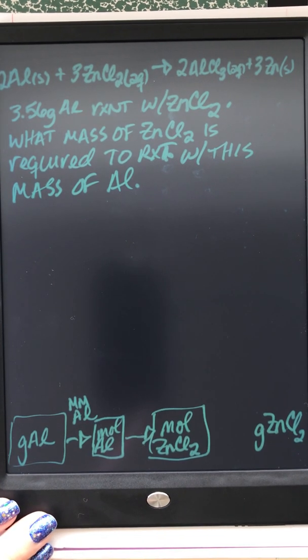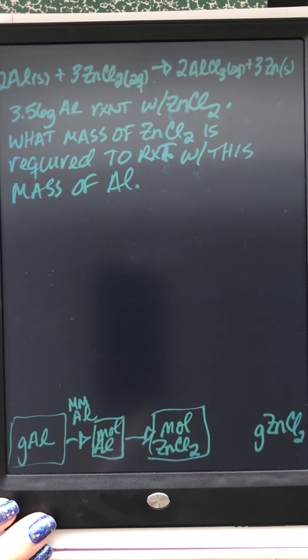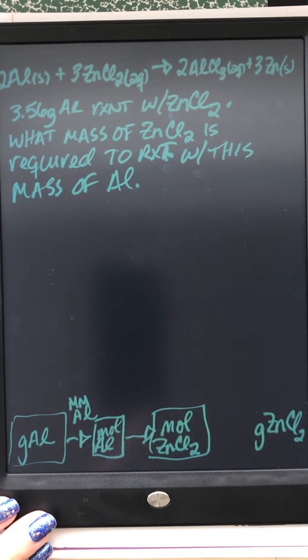But Avogadro's number is really only when you're dealing with molecules or atoms, right? So in this case, we're not getting into any molecules or atoms. The only thing that we're working with is grams and moles, right? So that means the only tools we're going to need are molar masses, and then this other thing, which is going to be the molar ratio.